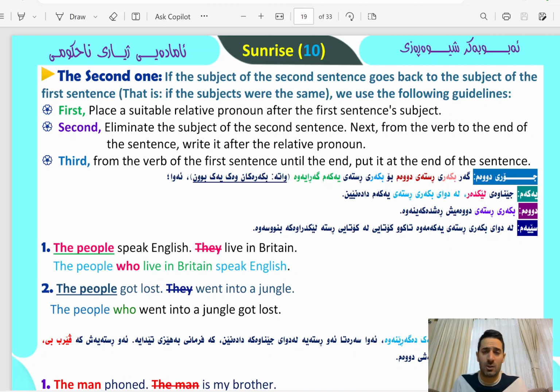There's a great connection between them, so I have to follow these three tips. The first one is that I have to write down the subject of the first sentence like itself: the people. For the people I have to use who, not which. Then I remove the subject of the second sentence and write what follows after the pronoun: who went to a jungle.